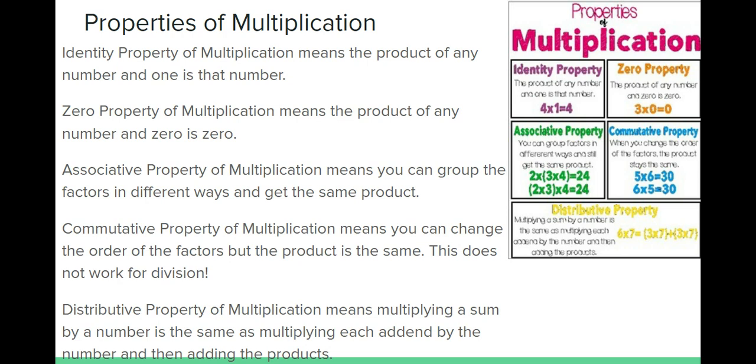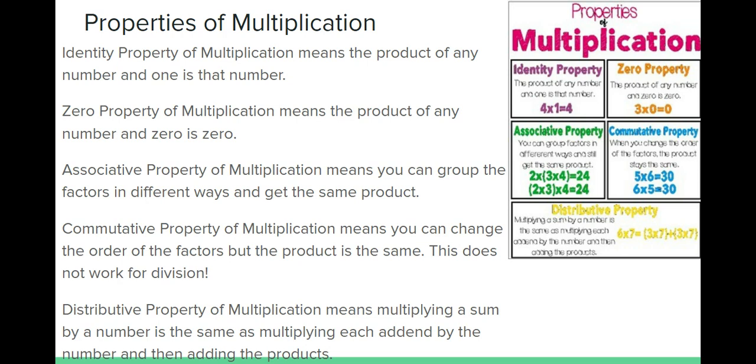Just like in addition, the addition identity property was any number plus 0. For multiplication identity property, it's any number times 1 equals that number. So we already knew that. Now we're just putting a name on that property. It is the identity property.